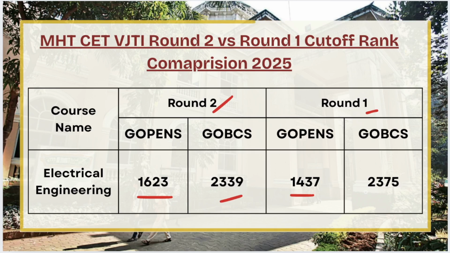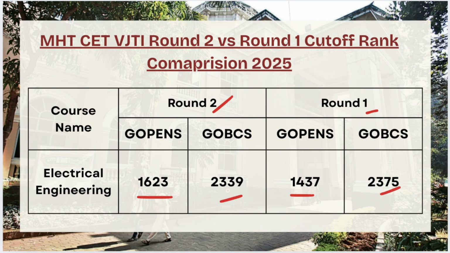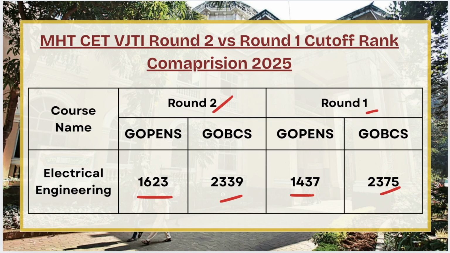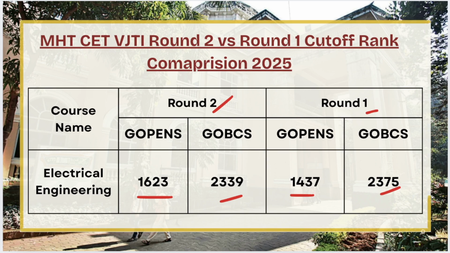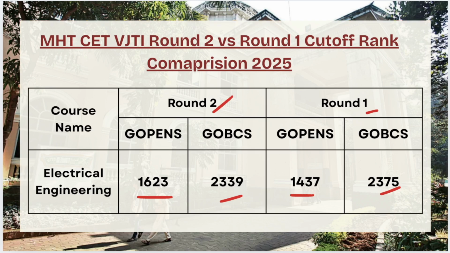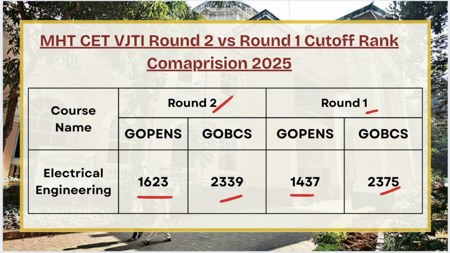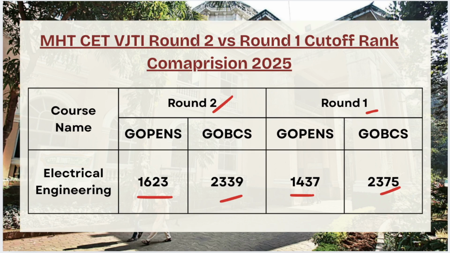In Round 2 the cutoff rank was 2339, whereas in Round 1 the cutoff rank was 2375. So in the past two courses we have observed that for GOBC category there is a very slight change, whereas in Open category we can see some good changes in terms of 100 points or 80 points or 70 points.